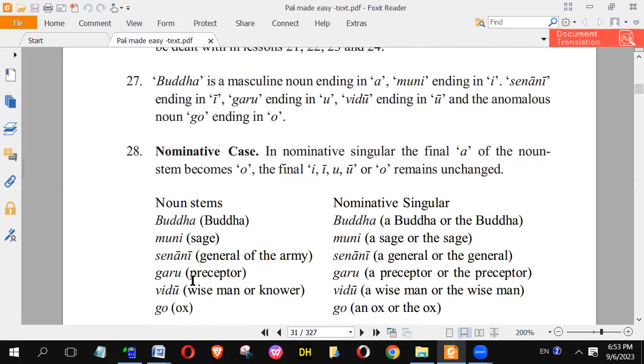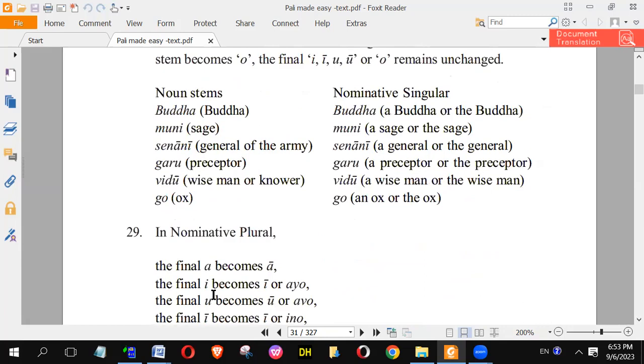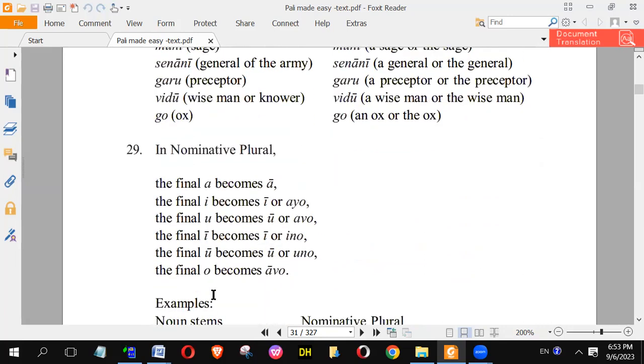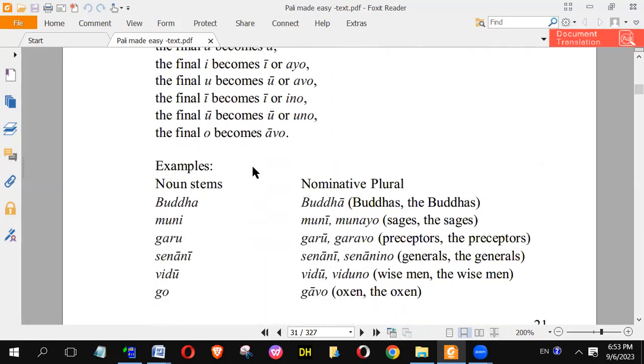So far, all these are masculine. Now in plural, we look at the plural here. Buddha, very easy: you put a dash here and it becomes plural. So Buddha becomes Buddha. Muni, when you put the long i, it becomes Muni, and Munayo.